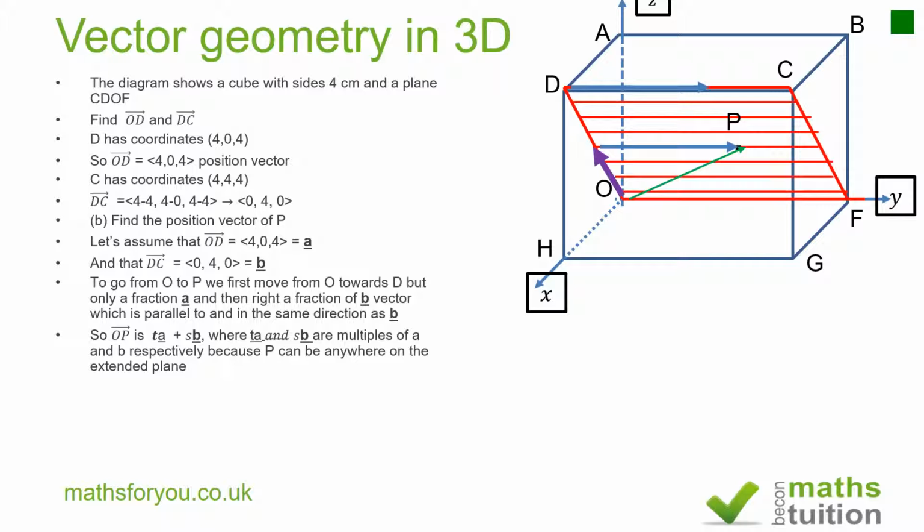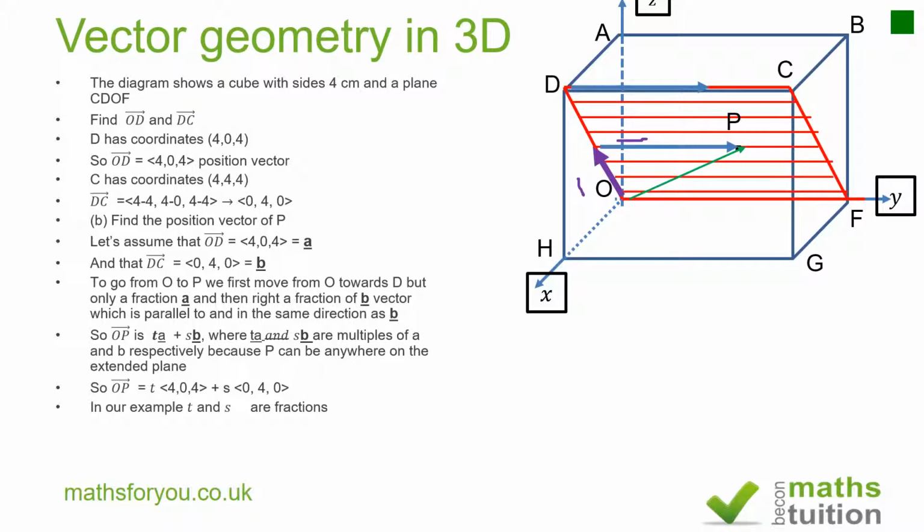In effect, the vector OP is T times A plus S times B. T will be this fraction shown here, and S will be this fraction shown here. So in effect, vector OP is a multiple of OD plus a multiple of DC.